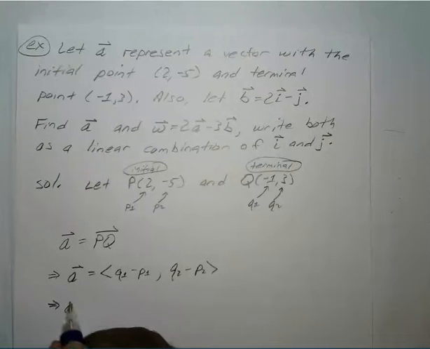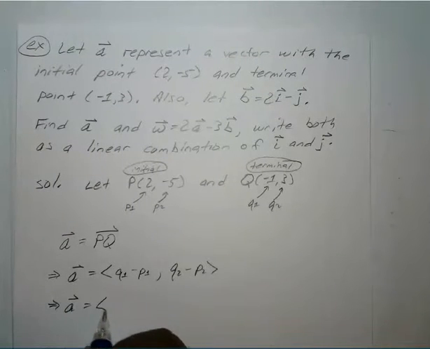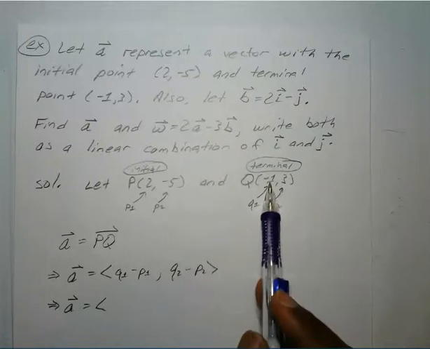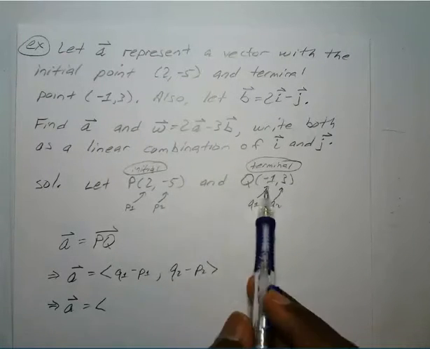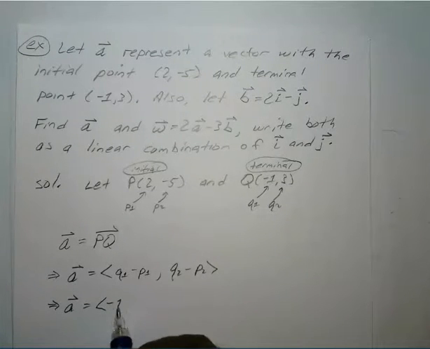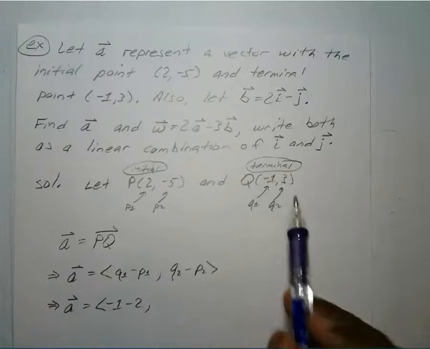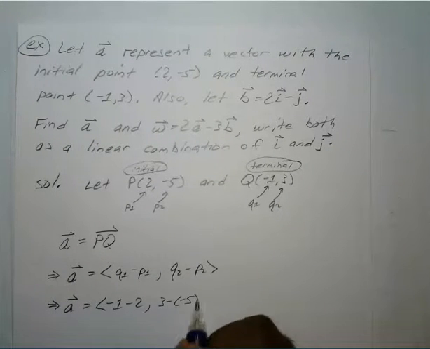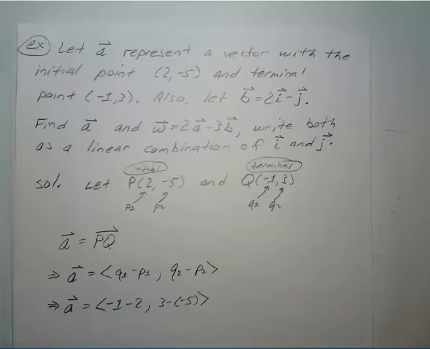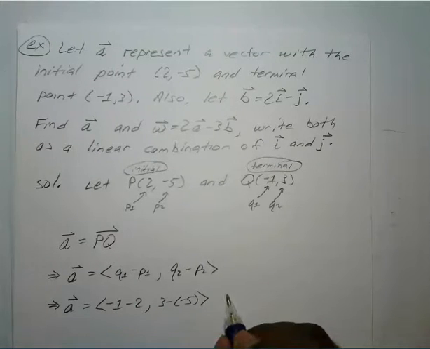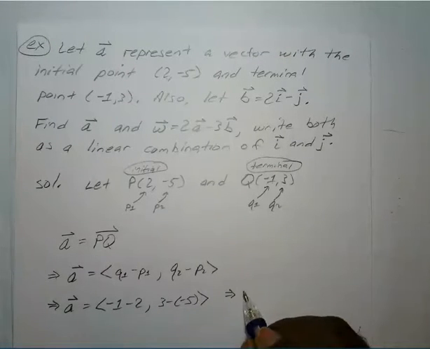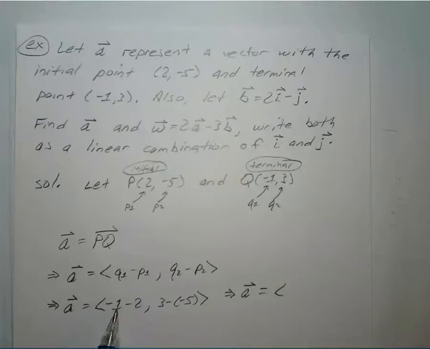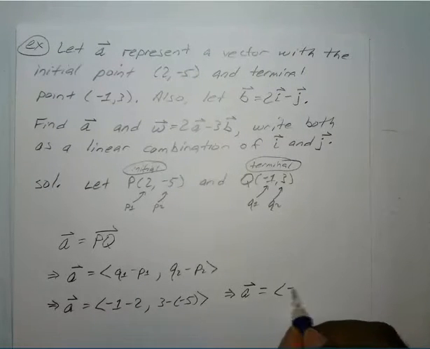Okay, so vector A is equal to component Q number 1 minus P number 1, so you have -1 minus 2, and then 3 minus -5, once you plug in those values. So that means that vector A is equal to -3, 8.